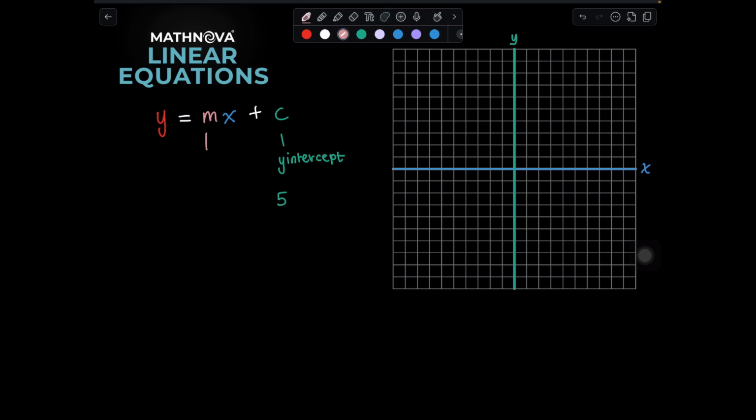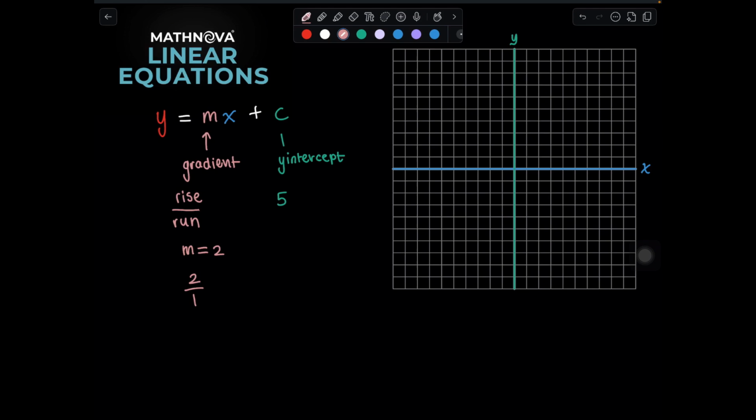Next we have our m here. This is our gradient, also known as rise over run. And what that means is how much our graph goes up by how much it goes across. So for example, if our m was 2, that would mean our rise over run is equal to 2 over 1, which means for every 2 that it goes up, it goes across by 1.